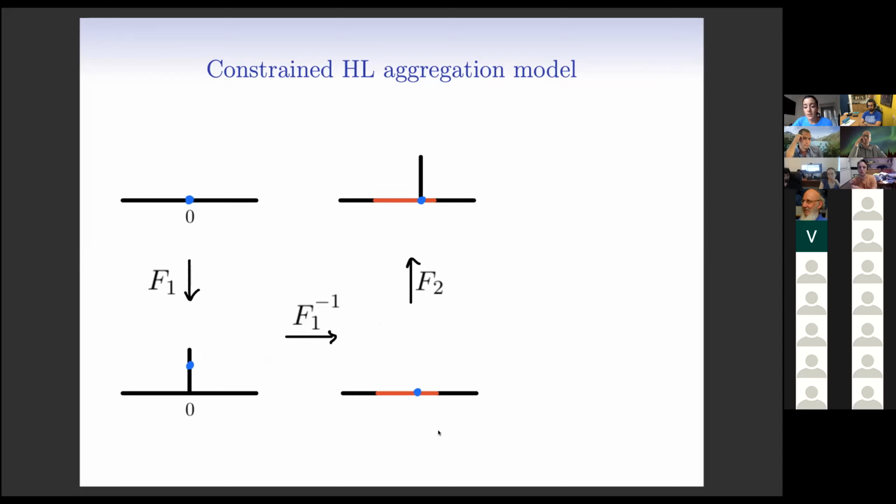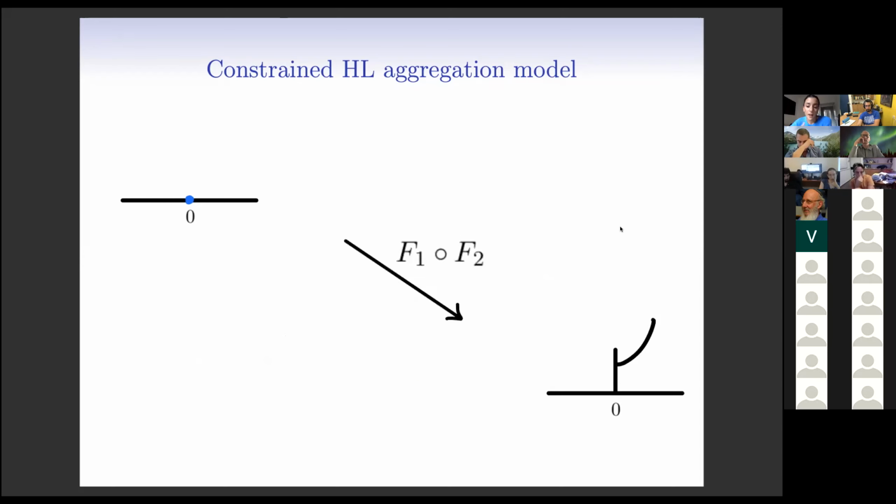And now we have to remember that we had already attached one particle, so we're going to grow it back by applying the map F1, which takes the red segment and grows it into the original slit. But now F1 acts on this second particle and it deforms it. So it will look a bit curved in the X. And if you compose these things together, you realize that you've simply applied F1 composed F2 to the upper half plane.